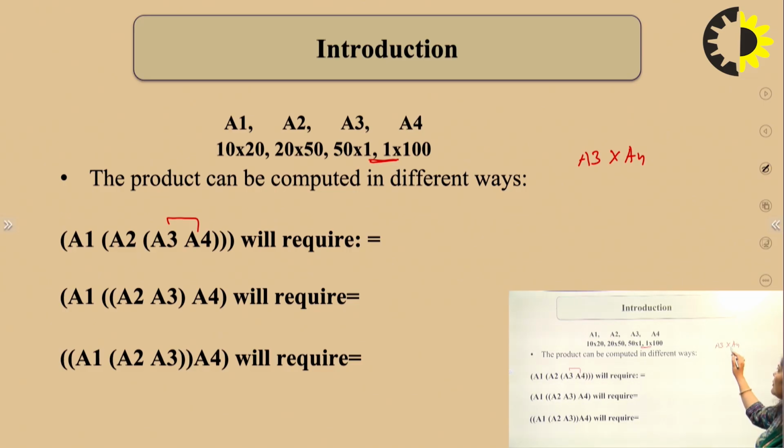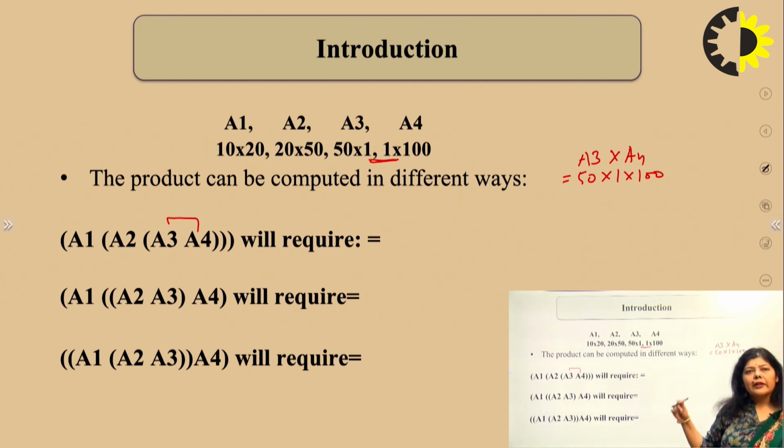When two matrices are multiplied, the total number of multiplications we perform will be equal to 50 cross 1 cross 100.